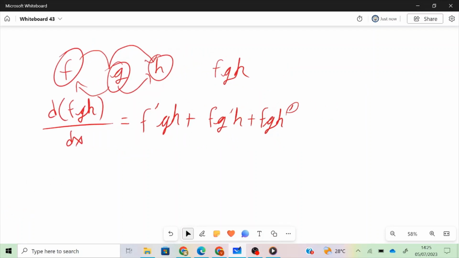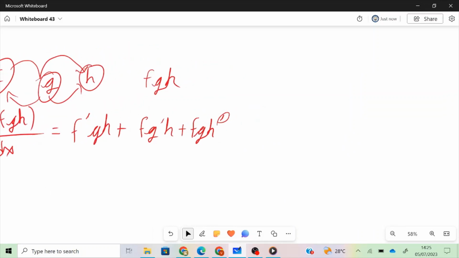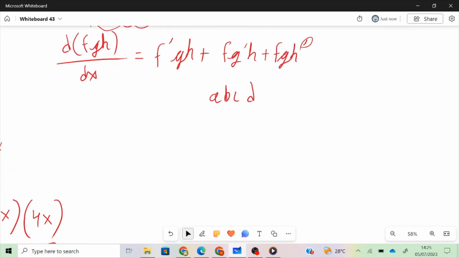Now, similarly, if it was more than 3 functions, let's say 4 functions, let's say I had functions a, b, c, d all being multiplied by each other. So again, to find the derivative of a, b, c, d as a whole, d/dx of abcd, is the same thing.